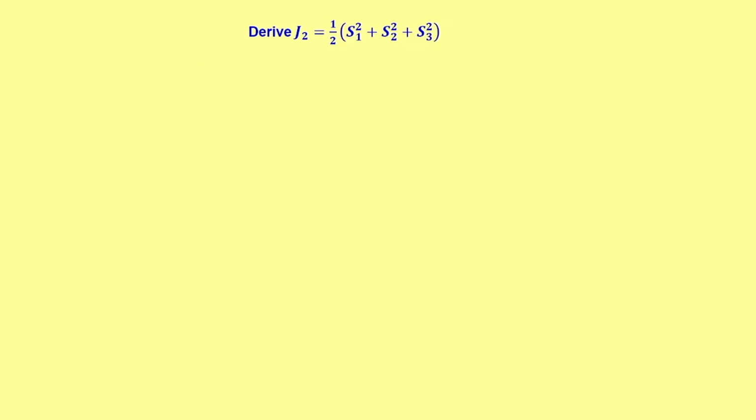Now, first we are asked to derive J2, the second invariant of the deviatoric stress tensor, equal to half of S1 square plus S2 square plus S3 square. So, let us see how to derive this. We know the first invariant J1 is equal to S1 plus S2 plus S3. What is S1? S1 is sigma 1 minus sigma m.